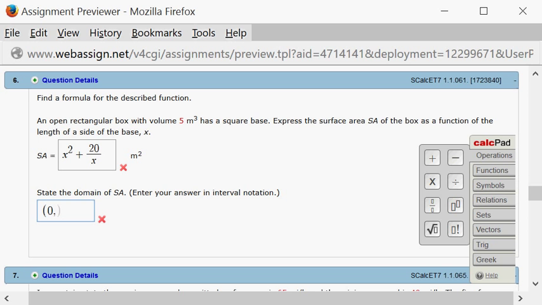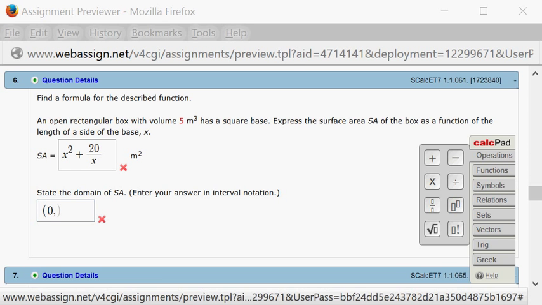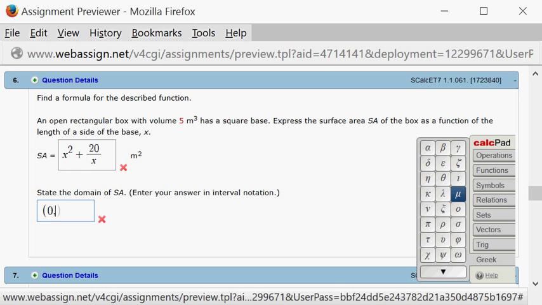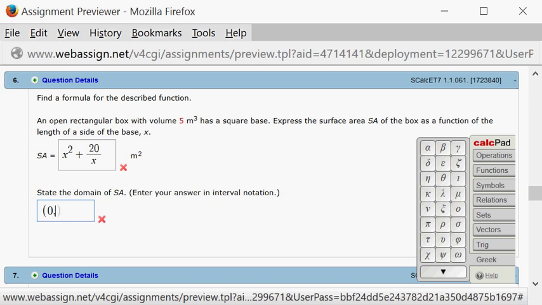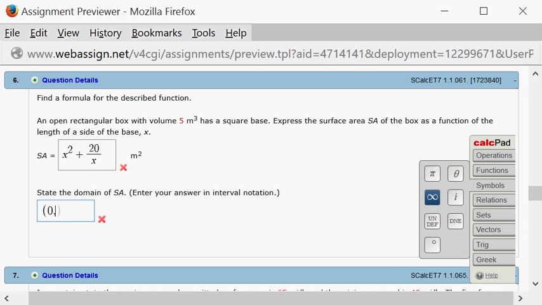So it could be as big as we want. It's going to be infinity. Let me look for the infinity symbol. Infinity. That's how you find the domain.